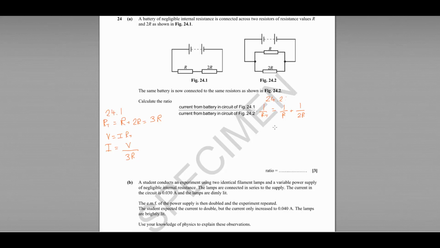In order to simplify this, we need to multiply top and bottom of this first resistor by 2, so that would give us 2 divided by 2R plus 1 over 2R, which can be simplified to 3 over 2R. And finally, if we invert both sides, we'll find that R total is equal to 2R divided by 3.